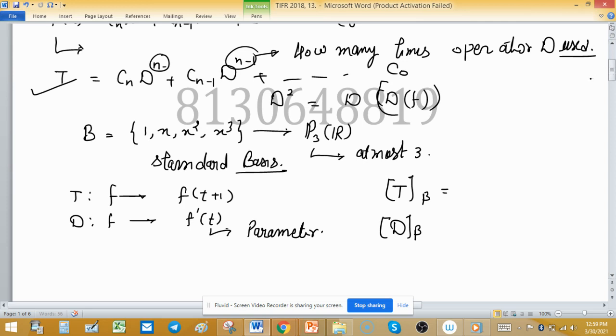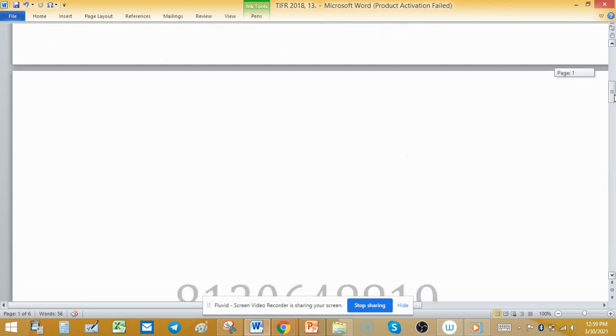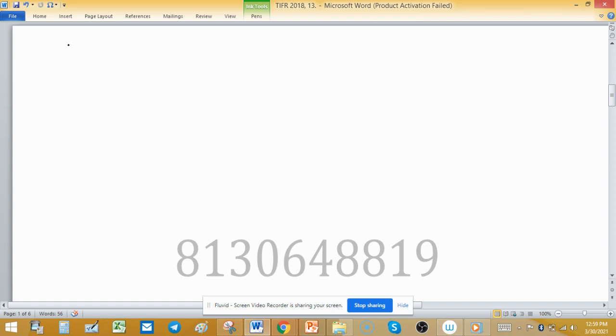So there is no need to consider another basis. This basis will work for domain and codomain both. These are the basis elements 1, x, x square and x cube, and this is the column of basis elements' images, meaning T of element.